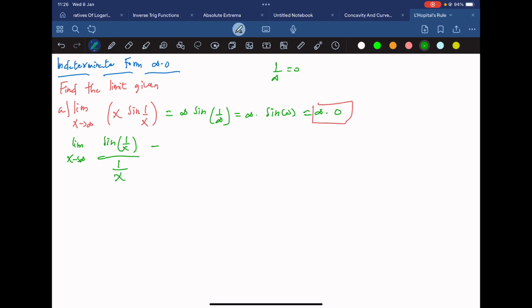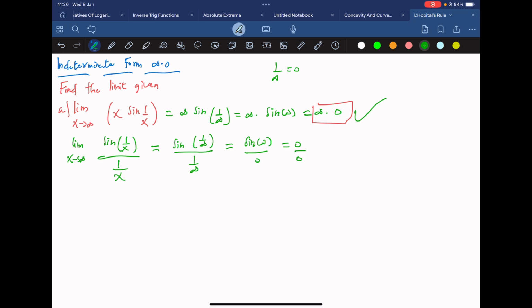So now if we put in infinity, we have sine of 1 over infinity, and 1 over infinity, as we know, is 0, so we have sine of 0 over 0, which is basically 0 over 0. So you see, the basic idea is whenever we have such an indeterminate form, we are trying to make it an indeterminate form that we can use L'Hopital on.